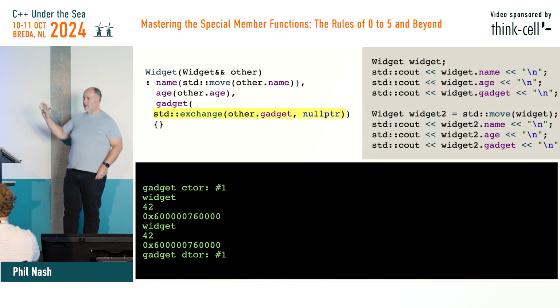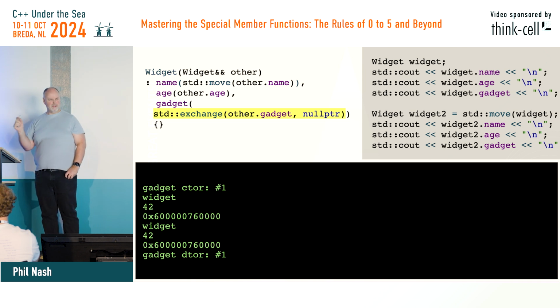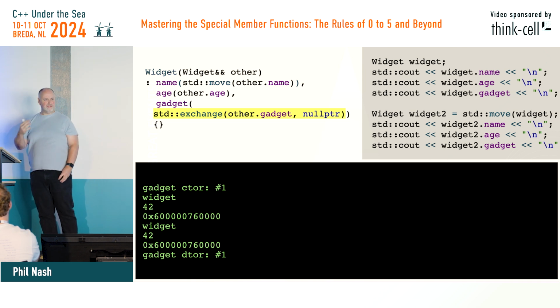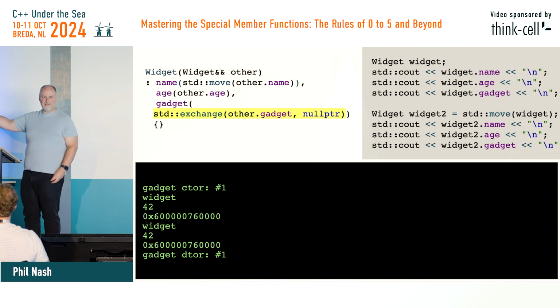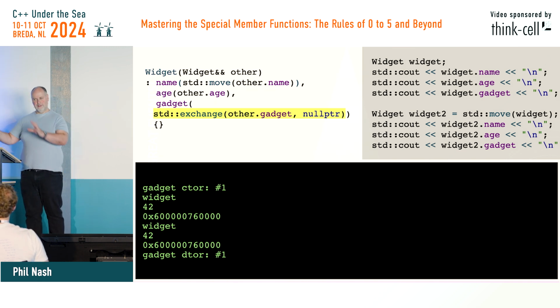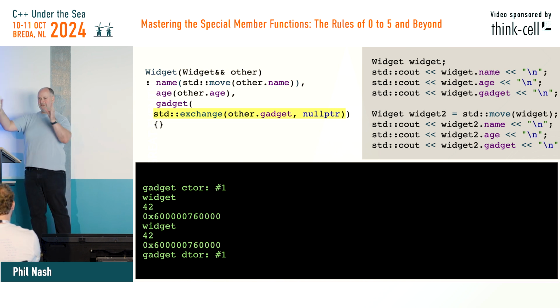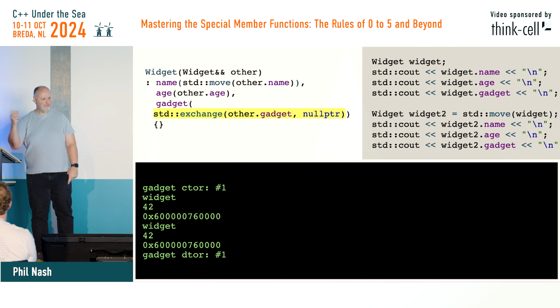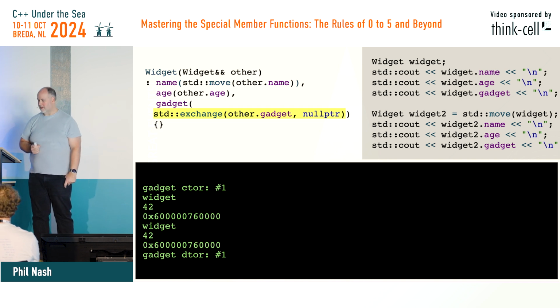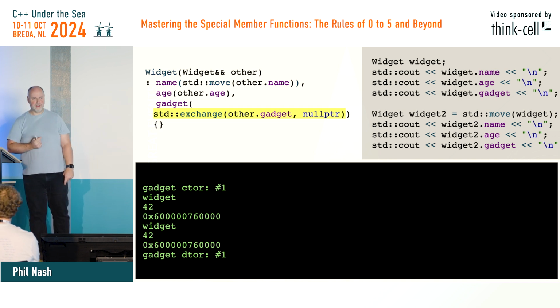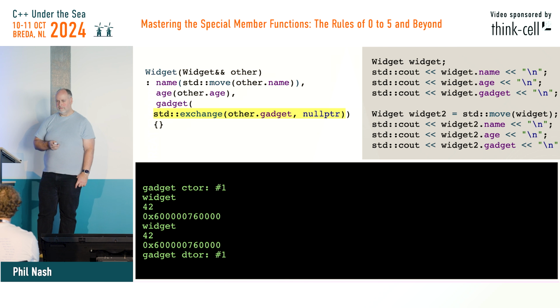It's not a huge life-changing feature, but it's just one of those little nice things that when you start using, you think, that's just that bit nicer. It just does the same thing in one line, but it's also more expressive. Exchange is maybe not the best name. It's sort of shuffle everything down one. But yeah, look up std::exchange if you've not been using it. It's quite nice. We've had it since C++14. 10 years now. It's about time.